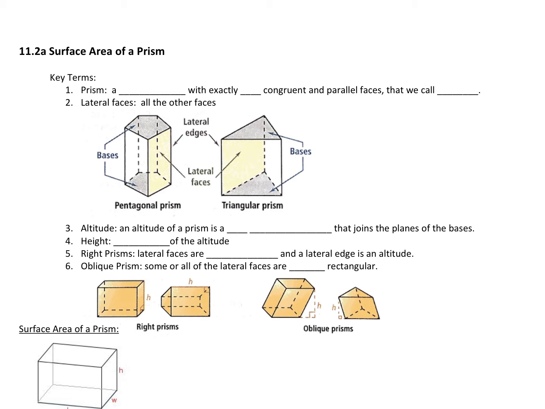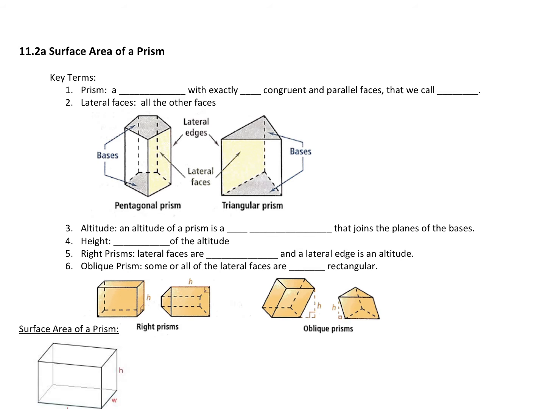Okay, so today we're just doing 11.2a, and then we'll do 11.2b the next time I see you. So this is surface area, the entire area of the whole surface of the figure of a prism, just prisms today. Are you ready?